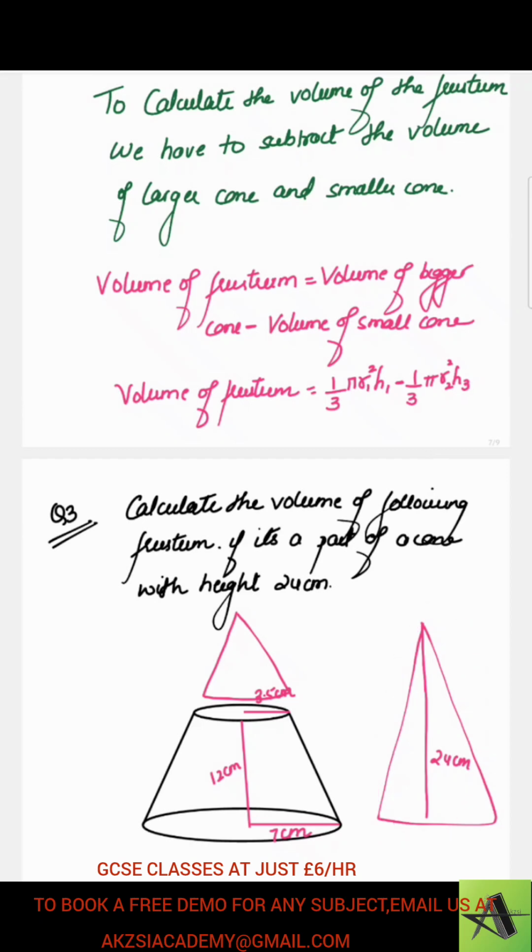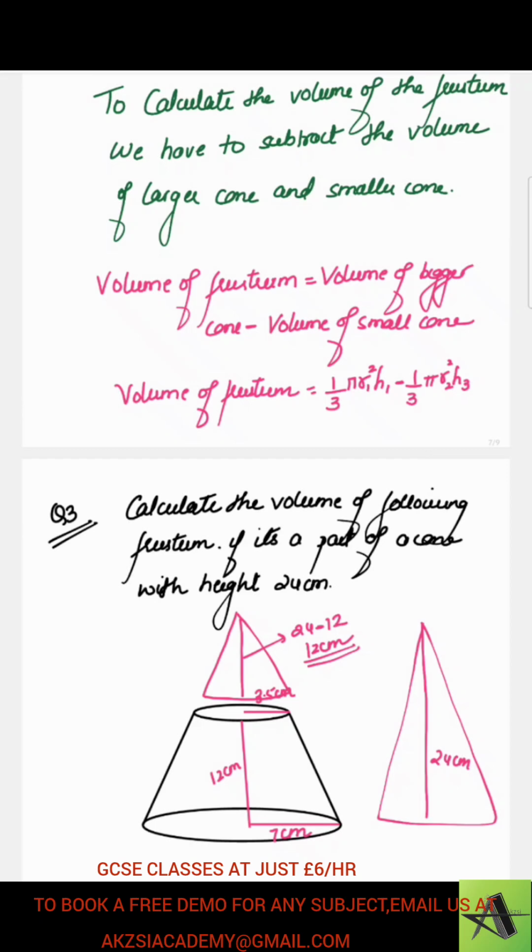You have subtracted a smaller cone out of it, and the remaining part is your frustum, which has a height of 12 centimeters. That means obviously the height of this would be 24 minus 12, which is 12 centimeters. And radius is already given. So I have to calculate the volume of the bigger cone and subtract the volume of the smaller cone.